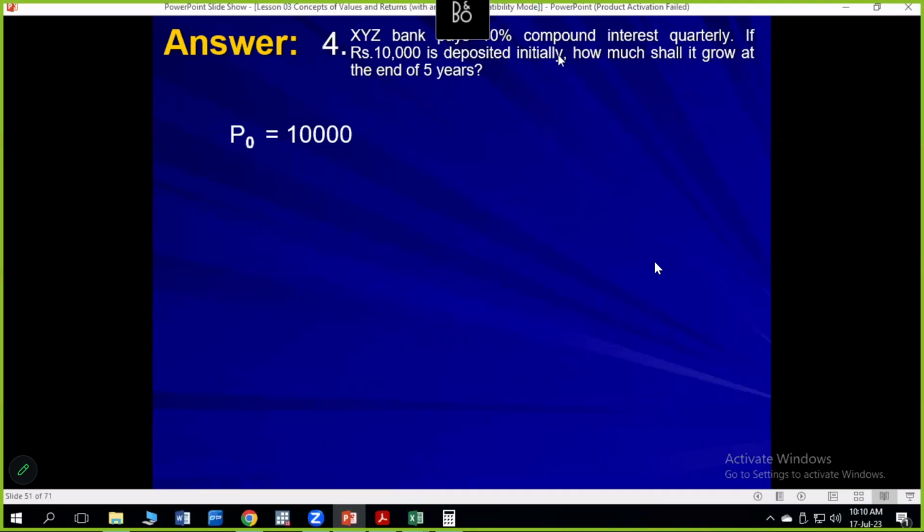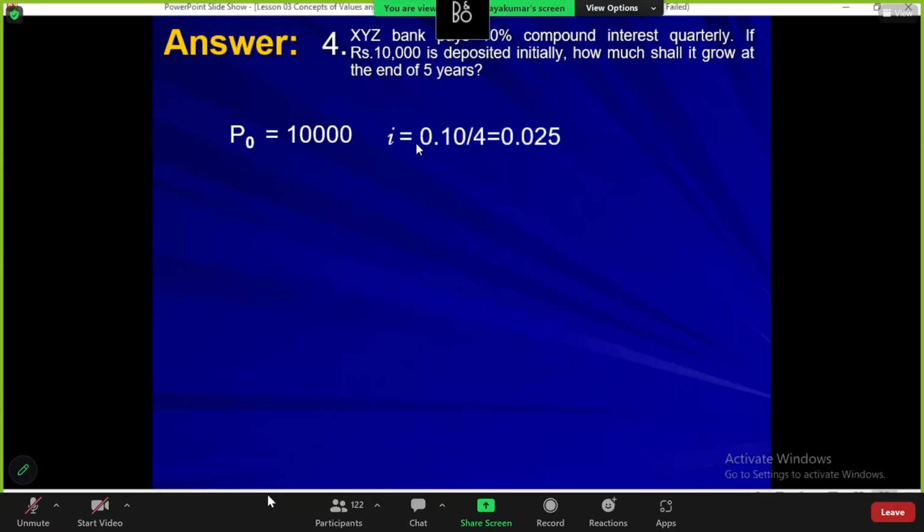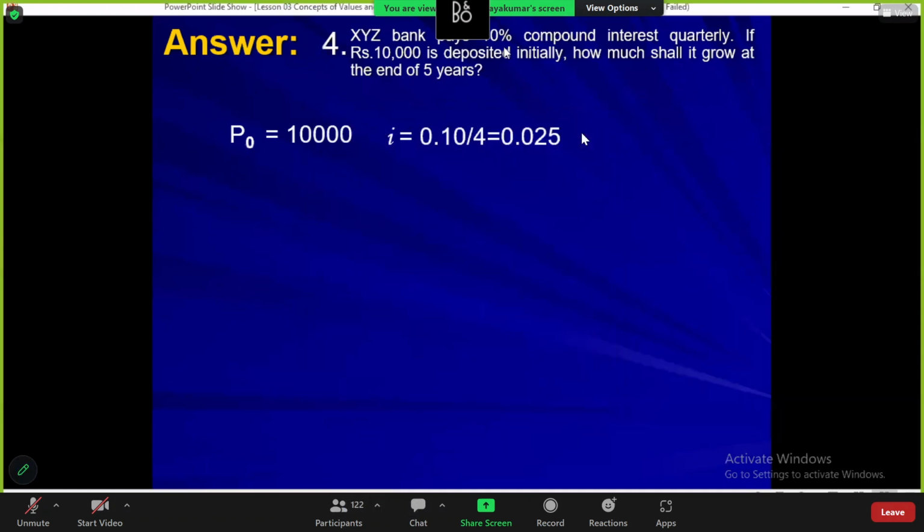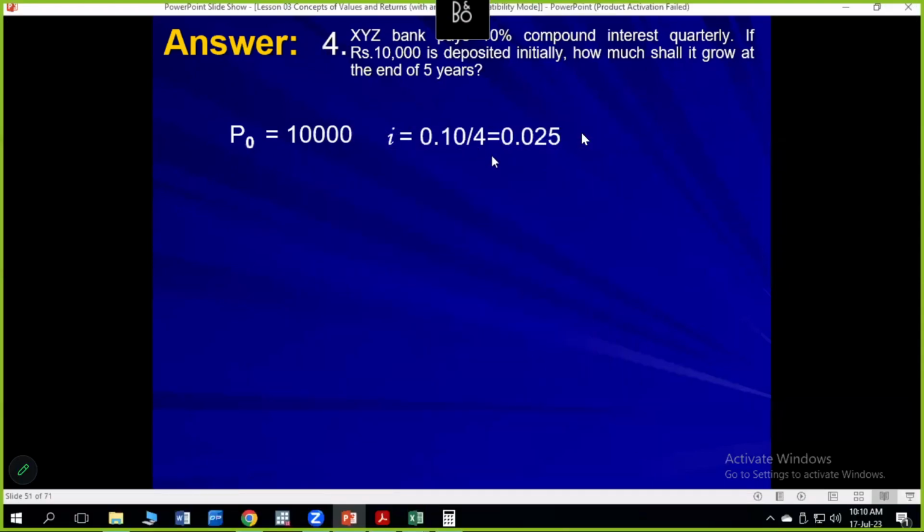You want to take the 10,000 as P0, the current value. Next you want to do the adjustment with the interest rate. The 10% is to be divided by the number of quarters. There are 4 quarters in a year, so you divide the interest rate by 4.